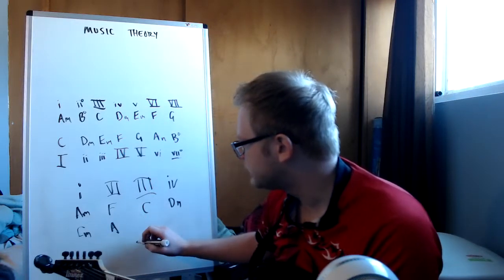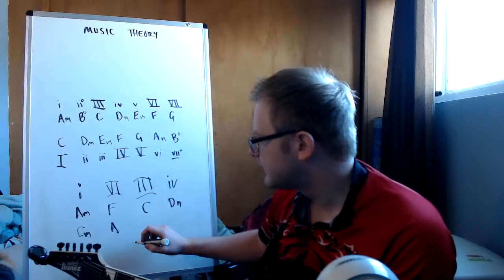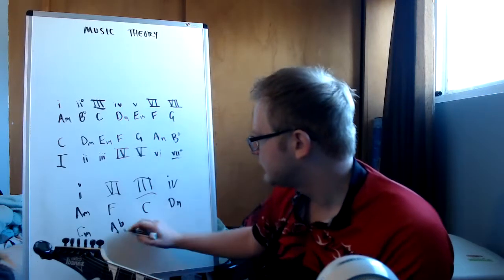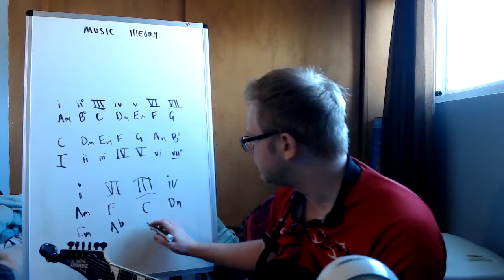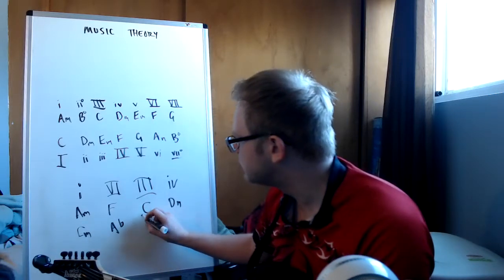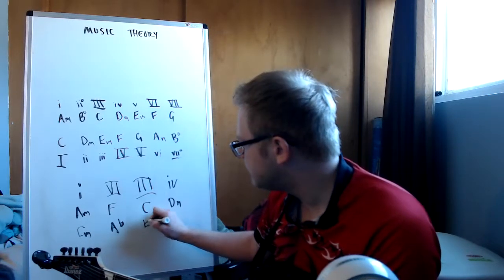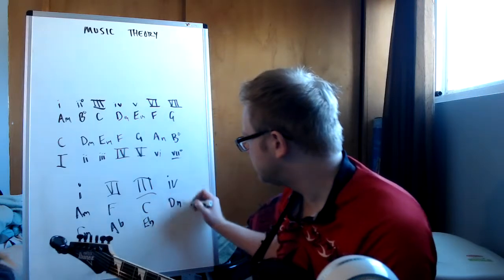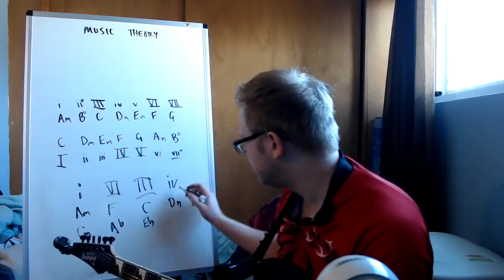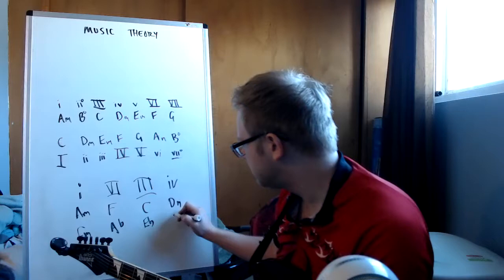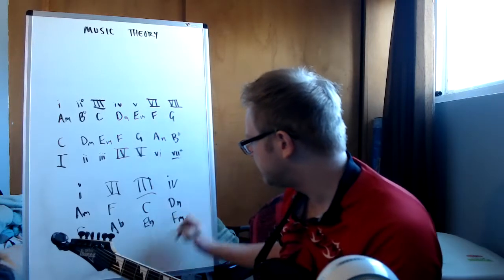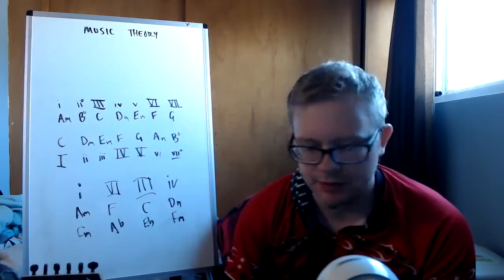Could be A flat. I think it's A flat. Anyway, so then we're going here, this is the 3rd, so E flat. And then here we have a F minor. Okay, so it just takes a little bit of thinking to come up with these.